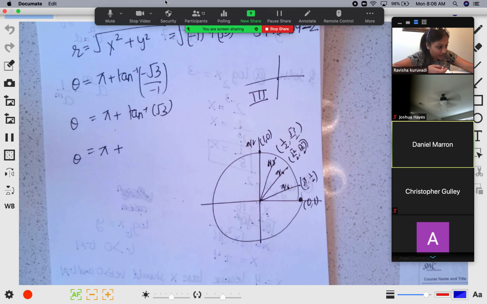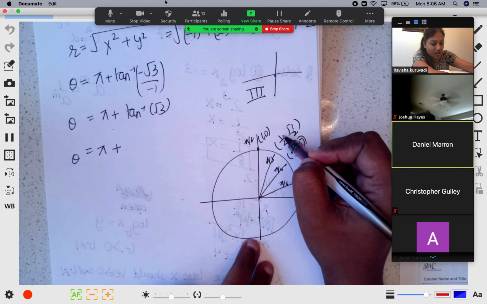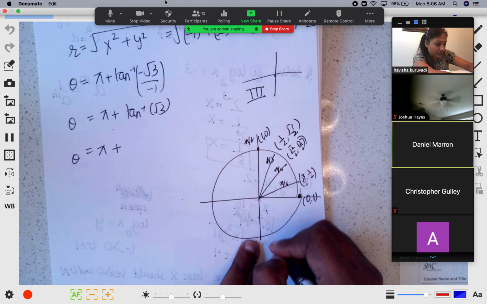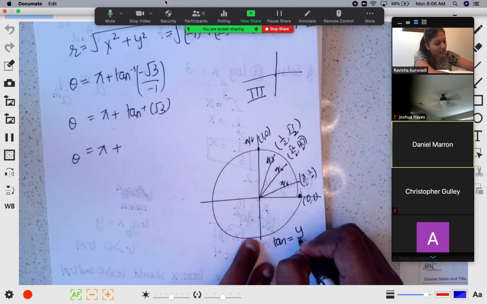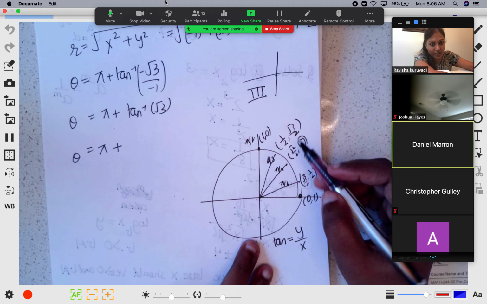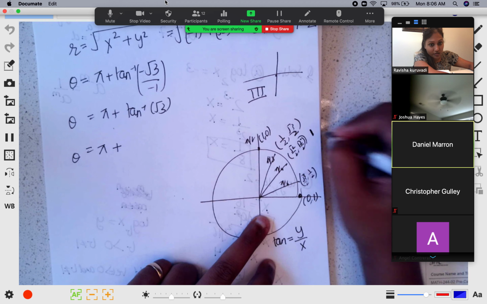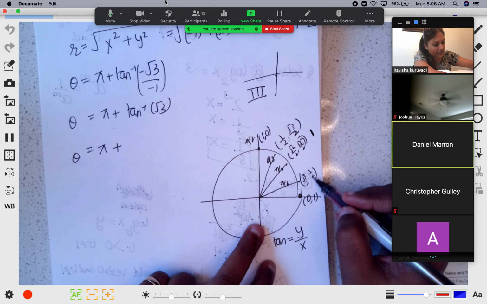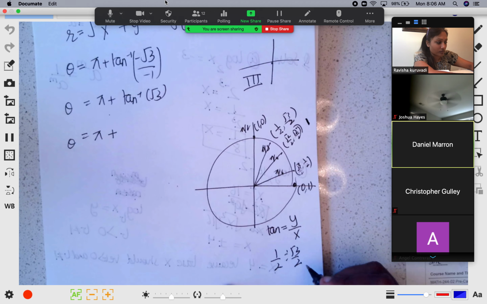What is tangent? I know sine is y, cosine is x. How do you find tangent? Tangent is y over x. If I divide these two, since they both are exactly the same, I would get my tangent as 1. If I divide these two, I get 1 over 2 divided by root 3 over 2.